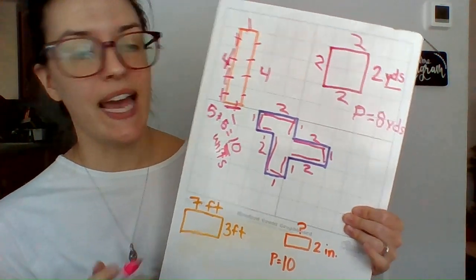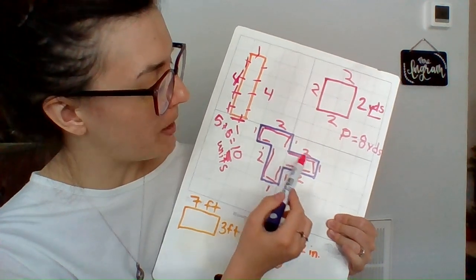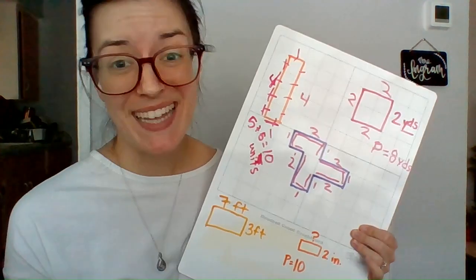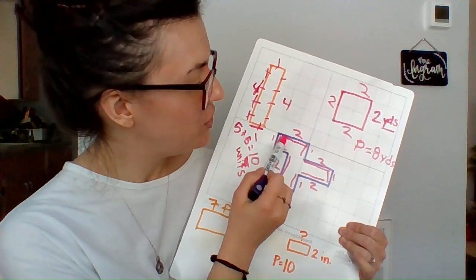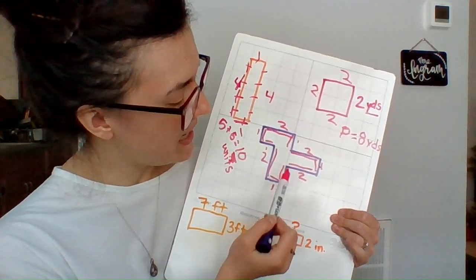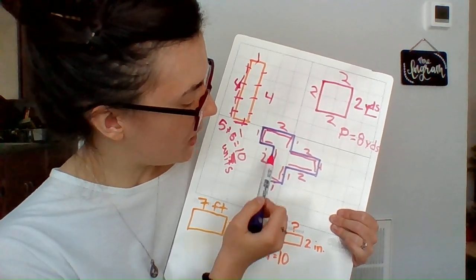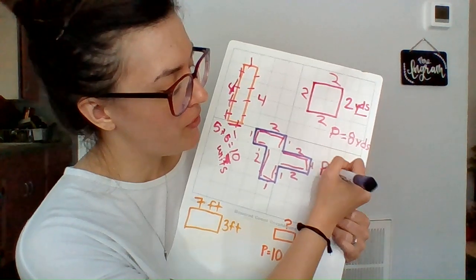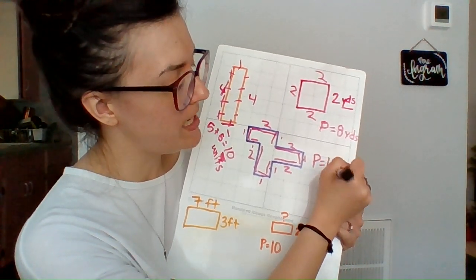Now I could choose to add all of these up. 1 plus 2, 1 plus 2, 1 plus 2, 1 plus 2, 1, 1. Or once again, I could just count. 1, 2, 3, 4, 5, 6, 7, 8, 9, 10, 11, 12, 13, 14. So here I know my perimeter for my purple shape would be 14 units.